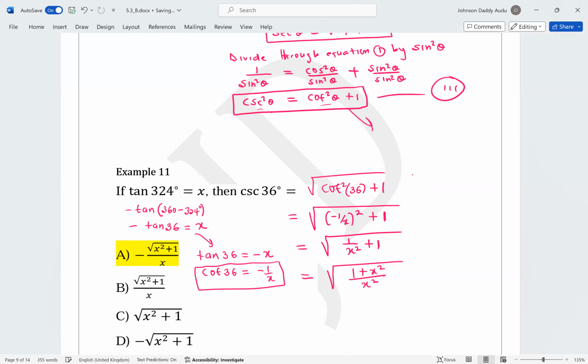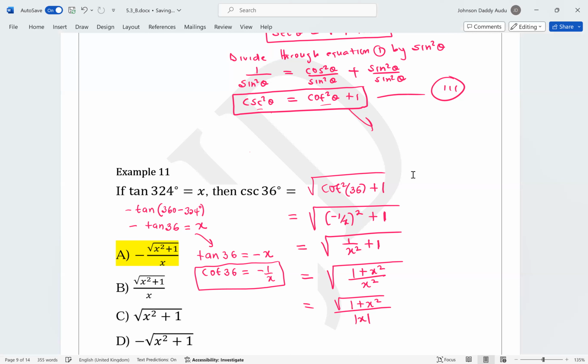And now we can take the roots. If you take the square root and separate the roots, you will just have the square root of 1 plus x squared over the absolute value of x. See that? You just separate it up and down, right?